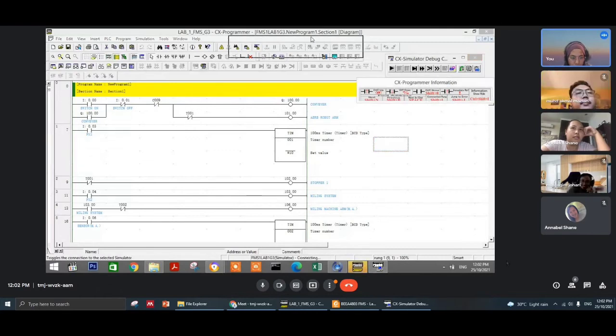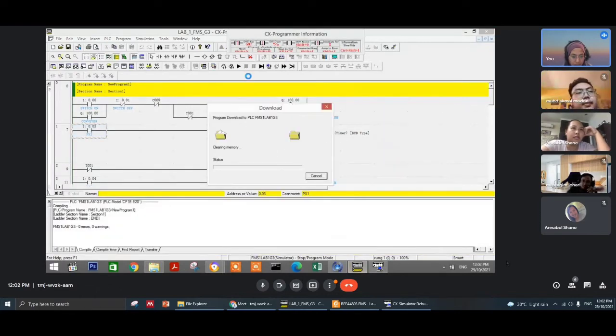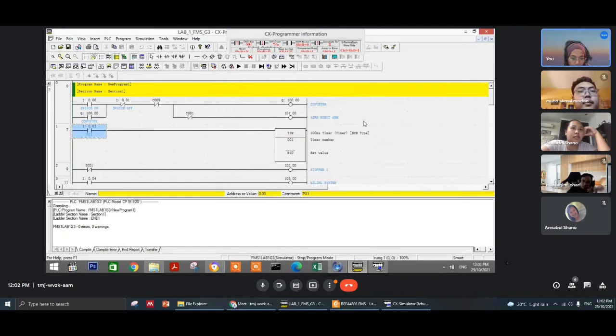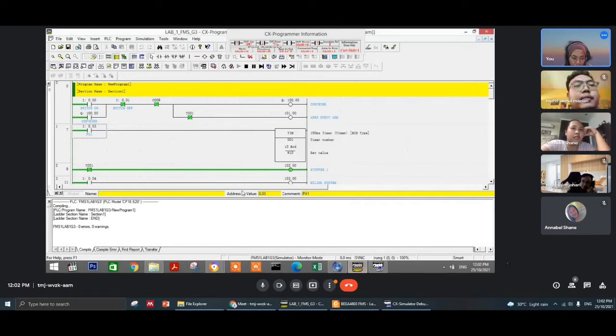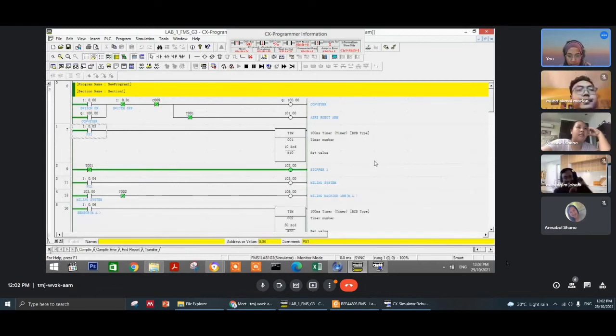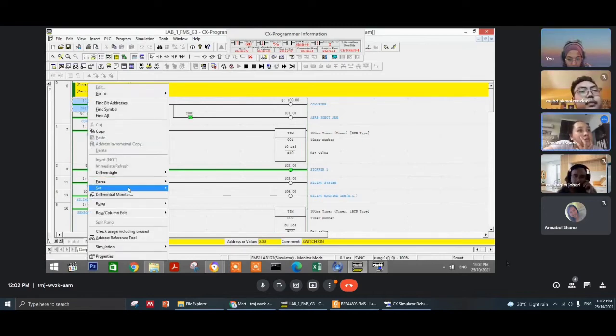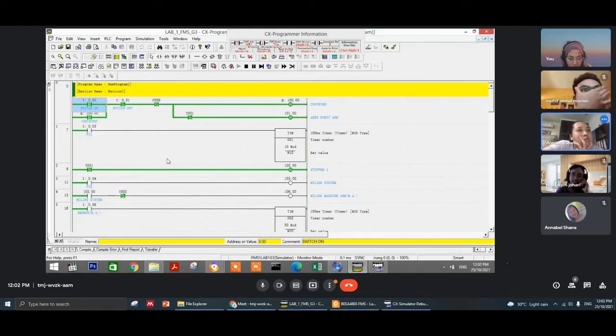So basically, if we start from the ASRS station, from the jig, when they switch on, the conveyor and ASRS robot arm will activate.